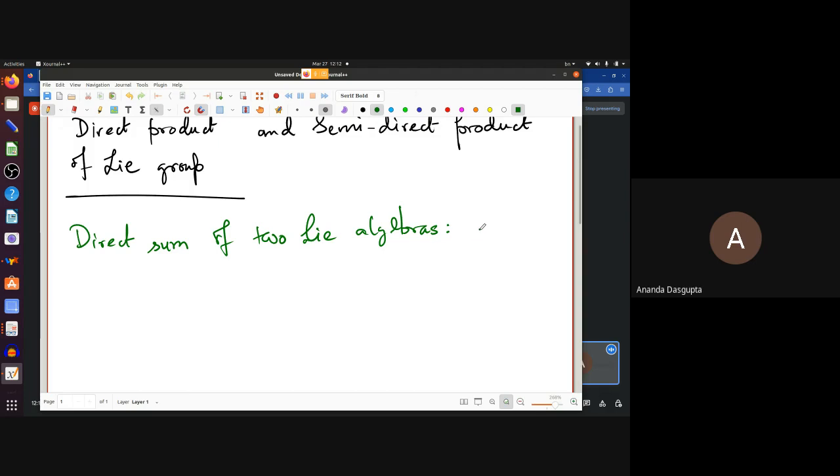Let's use the standard notation that Lie algebras are usually denoted by small letters. So here we are going to call them g and h. These are my two Lie algebras which are going to be combined to form the direct sum g plus h Lie algebra.